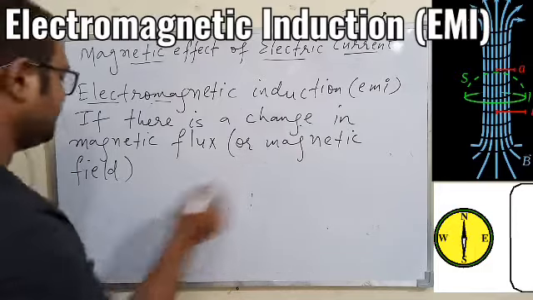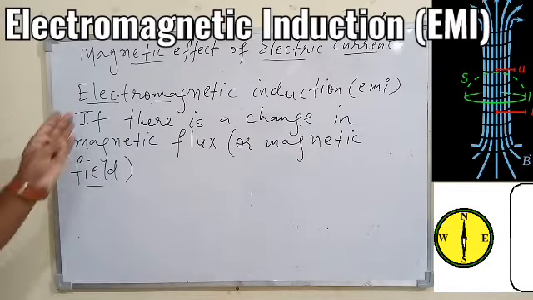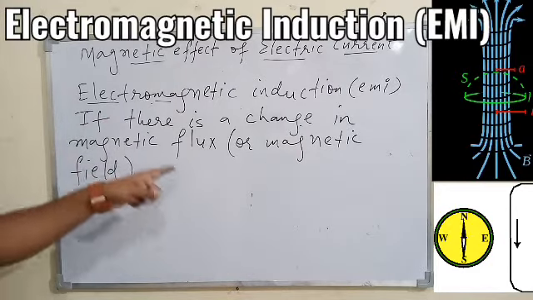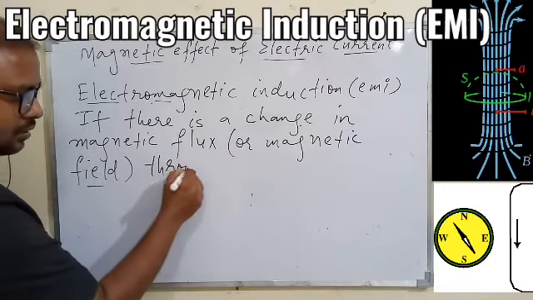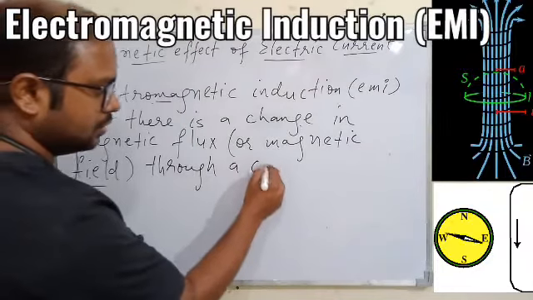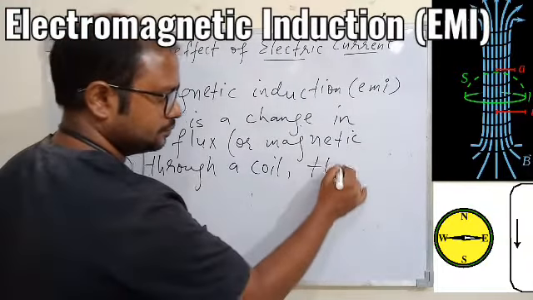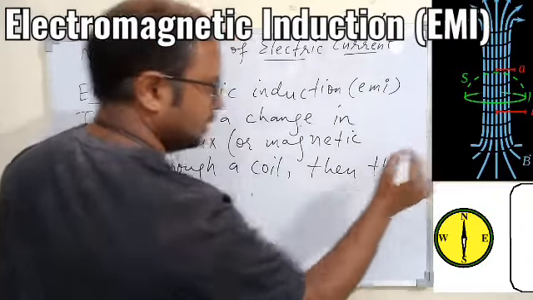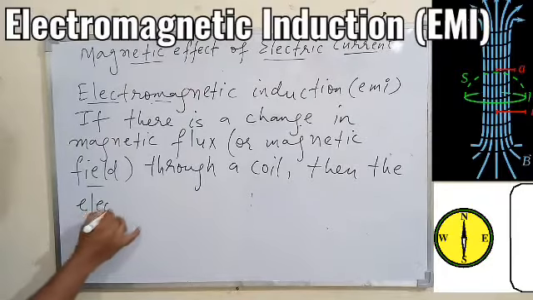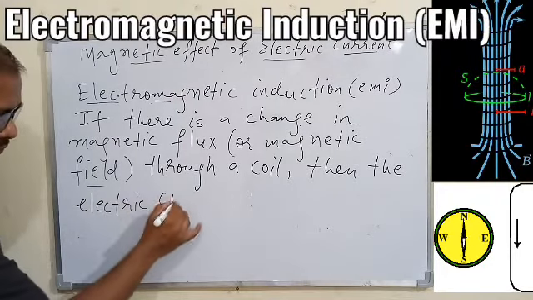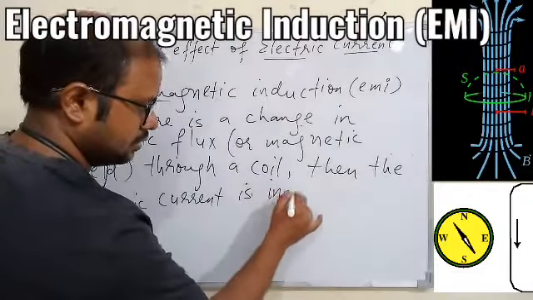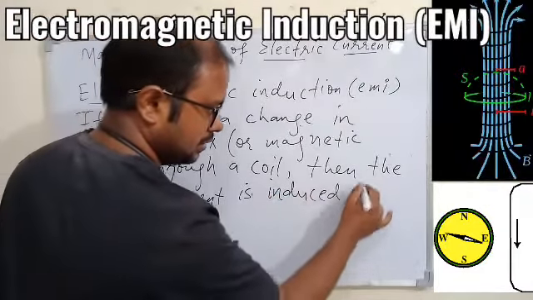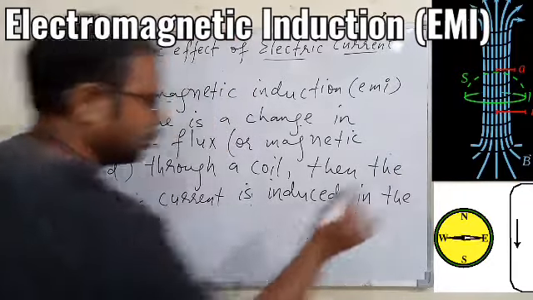So if there is a change in magnetic flux or magnetic field through a coil, then the electric current is induced in the coil.